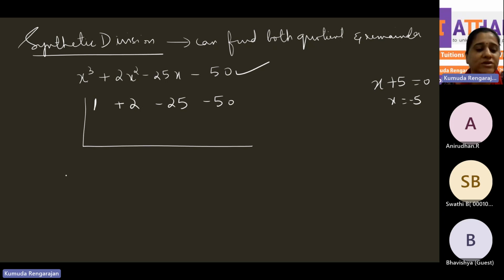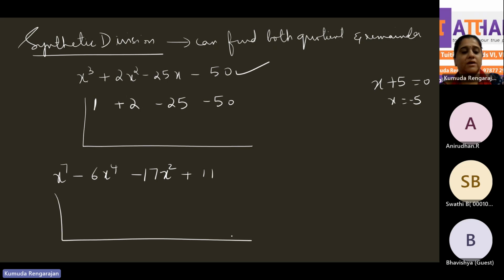Now supposing the polynomial is x to the power 7 minus 6x to the power 4 minus 17x square plus 11. In this case, x to the power 7, what's the coefficient? 1. Then there should be one x power 6 term, but it's not there. So 0 is the coefficient.